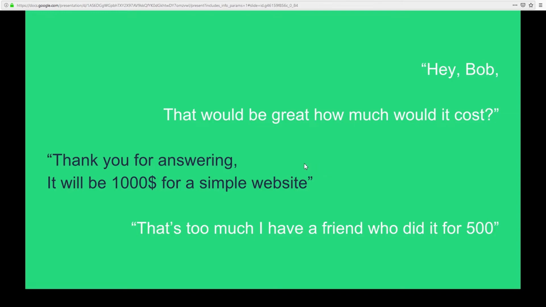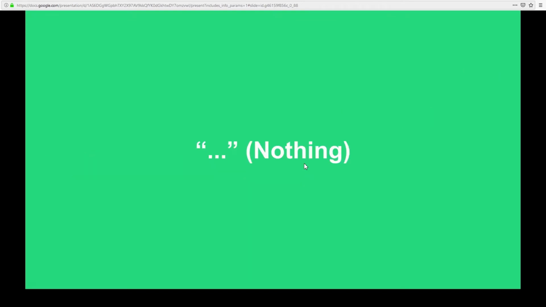And here Bob has to accept his fate of $500, or $750 if he wants to negotiate a little bit more. But it's never gonna go over 1,000 because that's the price he set. Or, what happens most of the time, if you throw out the prices right away, the client doesn't respond, and you get nothing.